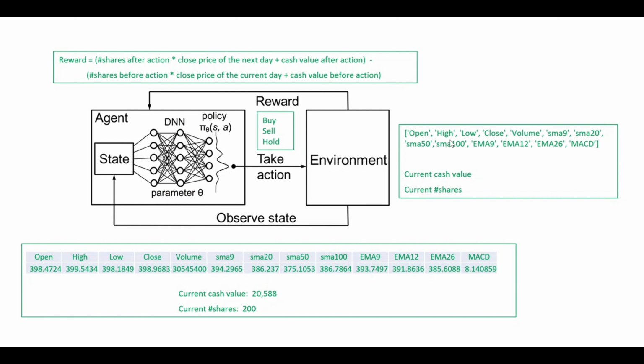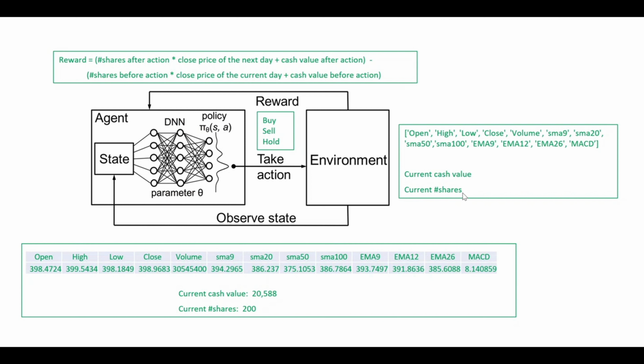These attributes, plus our account setting, including the current cash value and the current number of shares, can all be used to define our environment. In other words, our environment includes all these attributes and our account setting: the cash value and the number of shares.